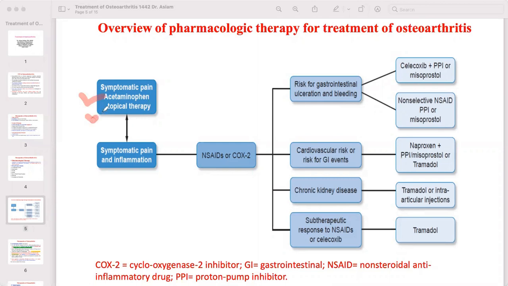Topical therapy, generally acetaminophen, we can say, is considered the drug of choice in the treatment of osteoarthritis. Topical therapies also include diclofenac ointment, which is a non-steroidal anti-inflammatory drug.